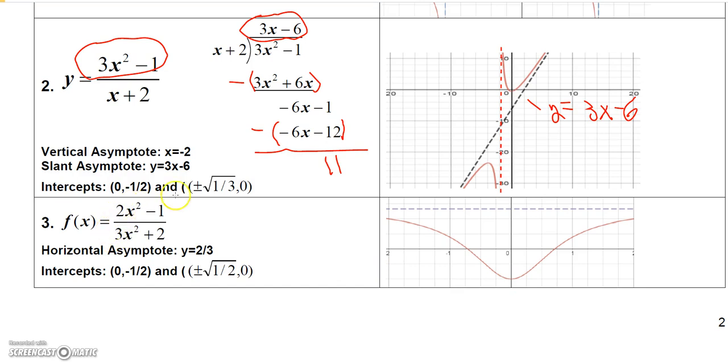And then also, if you wanted to find the x-intercepts, you'd have to do something similar to number 2: set that equal to 0 and solve it, and you would get x equals plus or minus the square root of 1/2. So that would be right here minus the square root of 1/2, and right here plus the square root of 1/2. So those values are approximately -0.7 and positive 0.7. If you plug that in the calculator, you can see that.